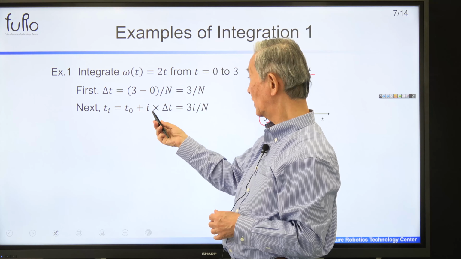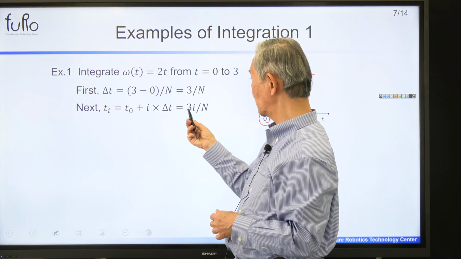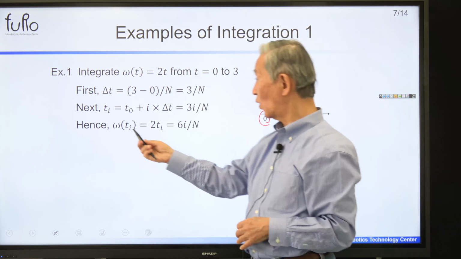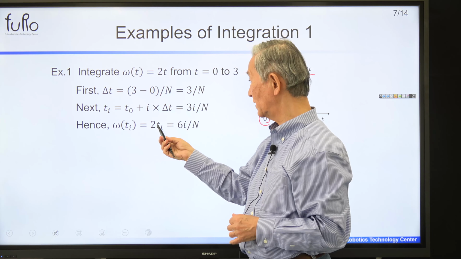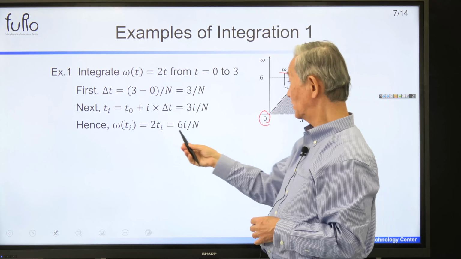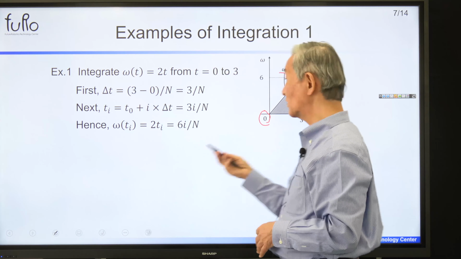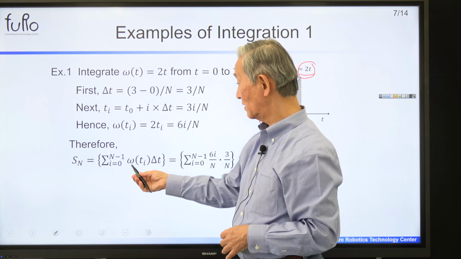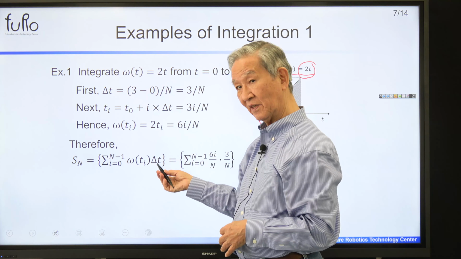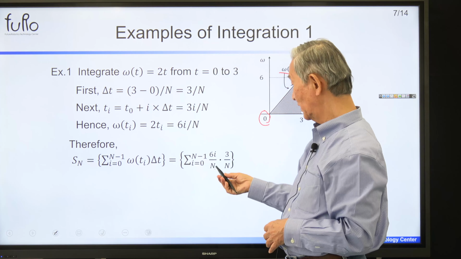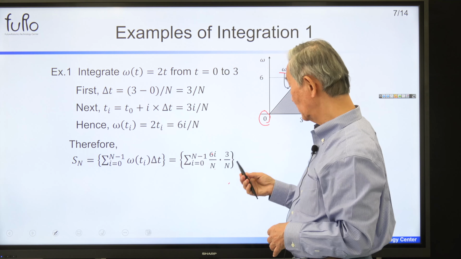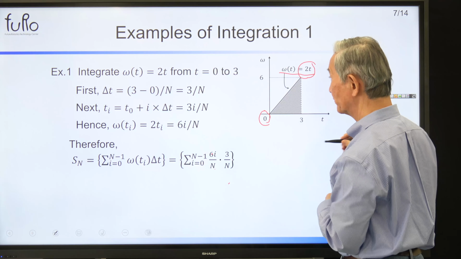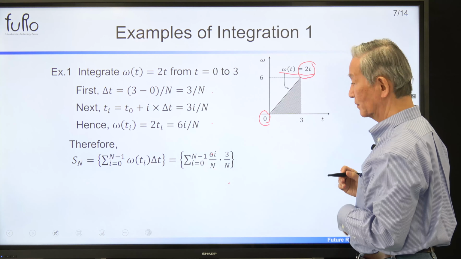Therefore, i times delta t is 3i over n. So omega at ti is equal to twice ti, so that's 6i over n. So this summation of omega ti times delta t becomes the summation of 6i over n multiplied by 3 divided by n.